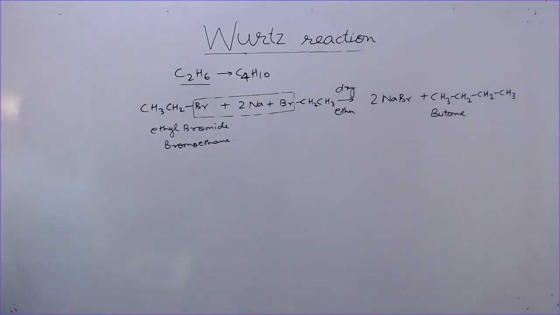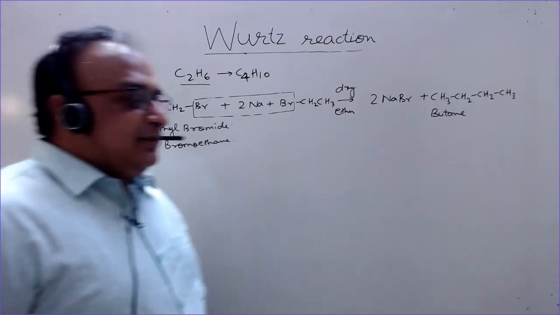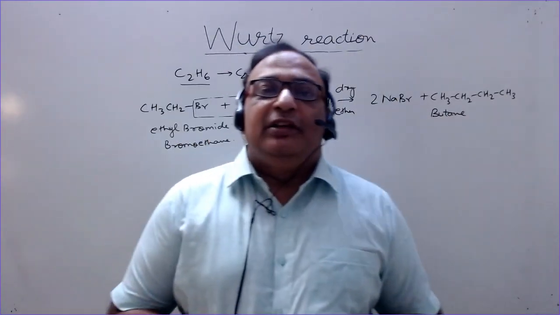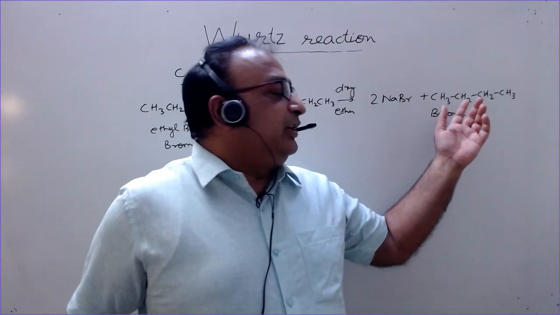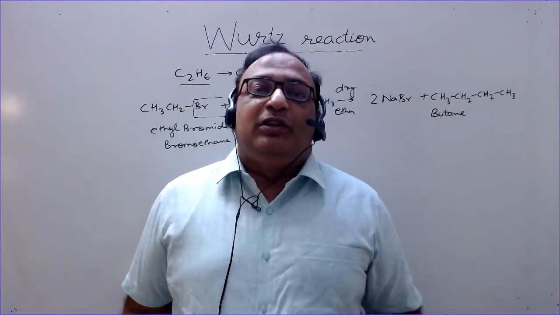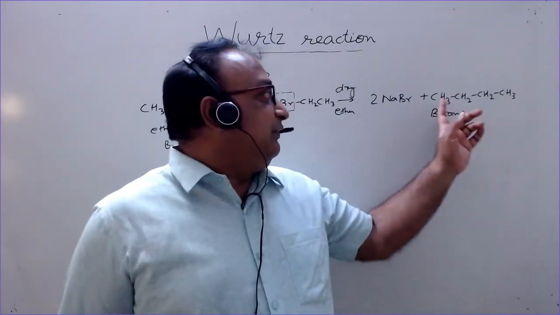Now the question arises: it is mostly used for making alkanes which have an even number of carbon atoms. This is having 4 carbon atoms.